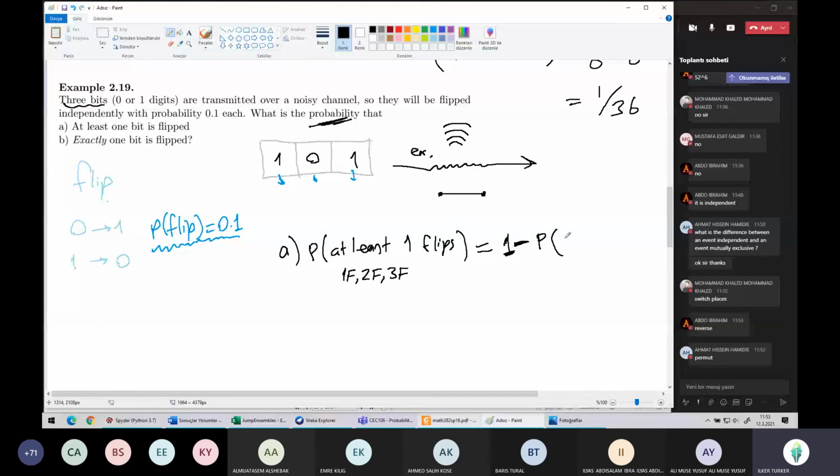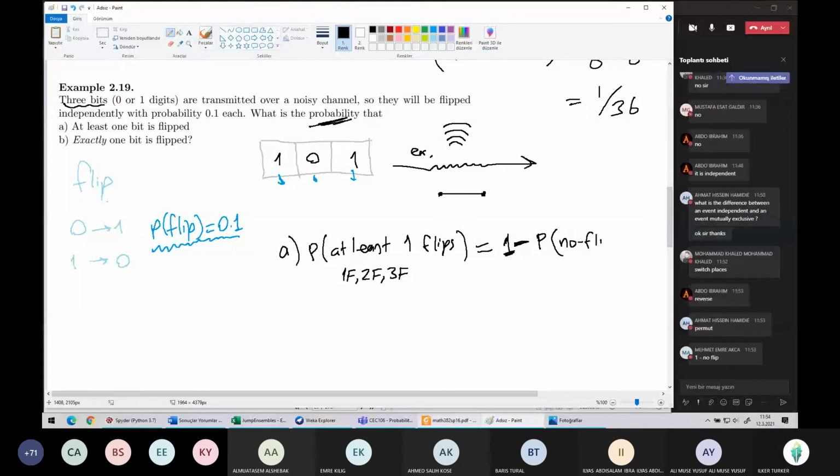No flip, yes. 1 minus probability of no flip. Flipping probability is 0.1, so non-flipping probability is 0.9.